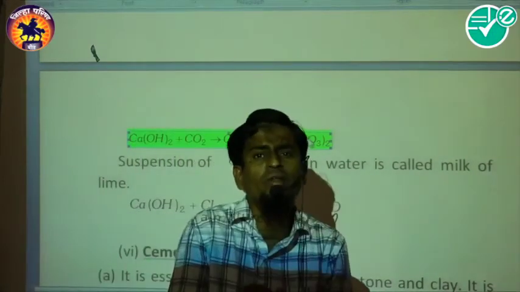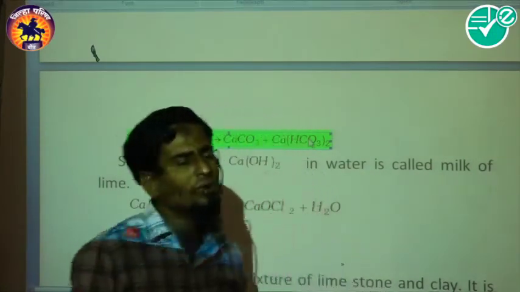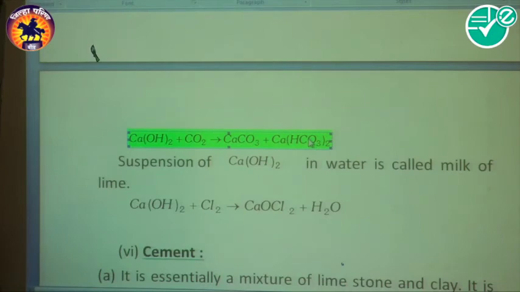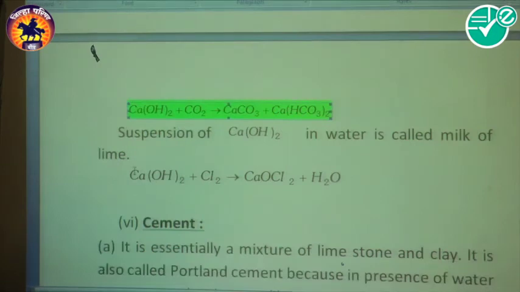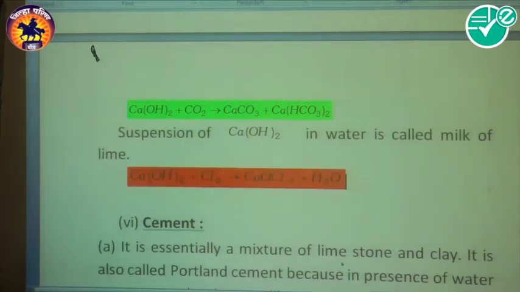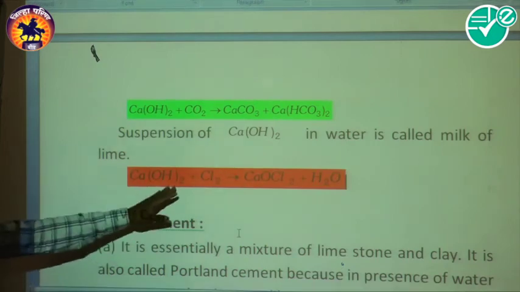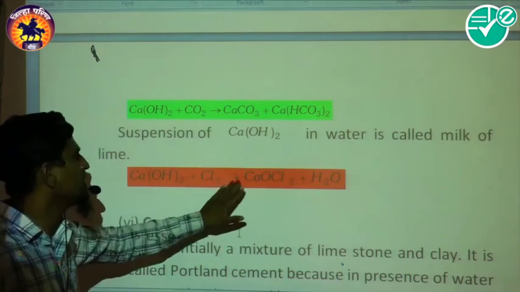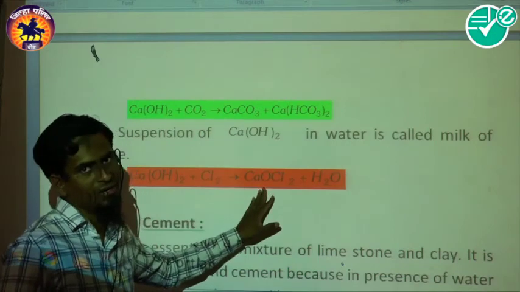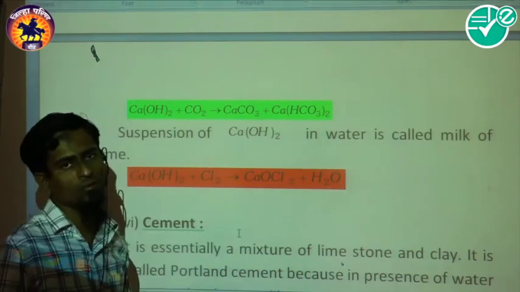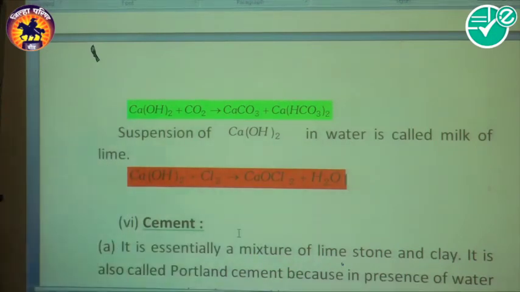So you have to remember this point as far as calcium hydroxide is concerned. Now one more important thing: calcium hydroxide, when reacted with chlorine, will form bleaching powder, CaOCl2. Remember this important reaction.